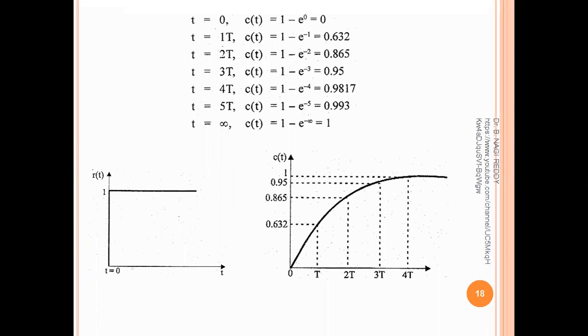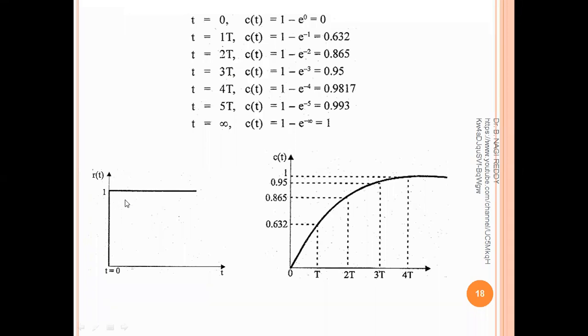So for that purpose, in the control system, a few assumptions are made based on the percentage of the output that is received. In some cases, you can see here, 0.95 at time equal to 3T.